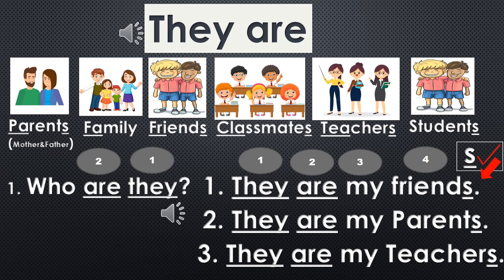But if you introduce many persons, the word becomes students. If only one teacher, you only say teacher. But if you are referring to more than one teacher, you put S at the end of the word and it becomes teachers.